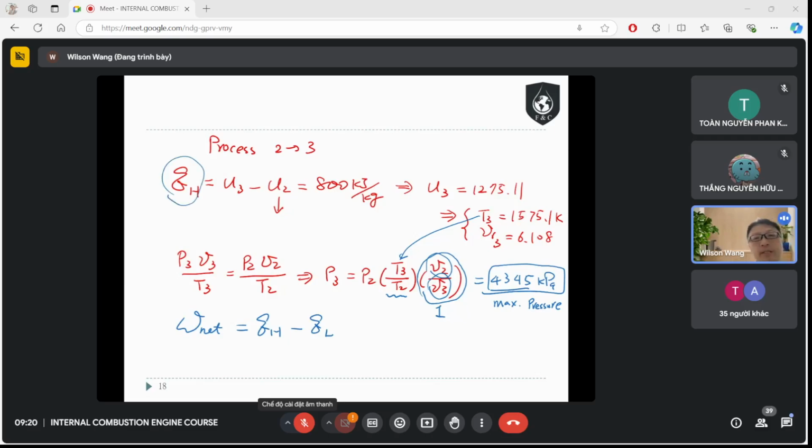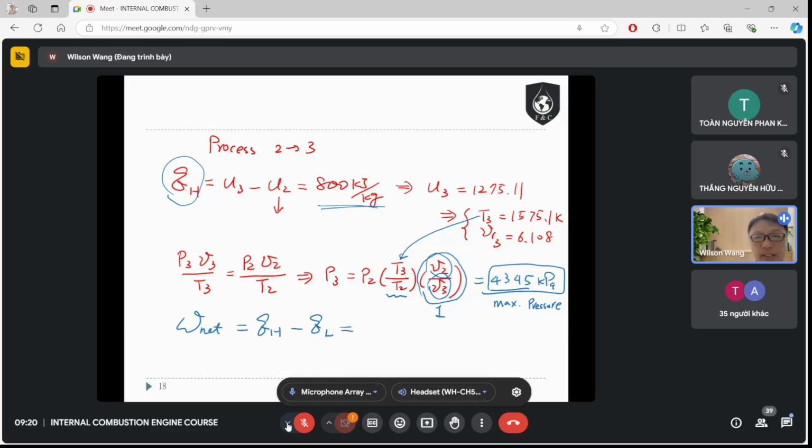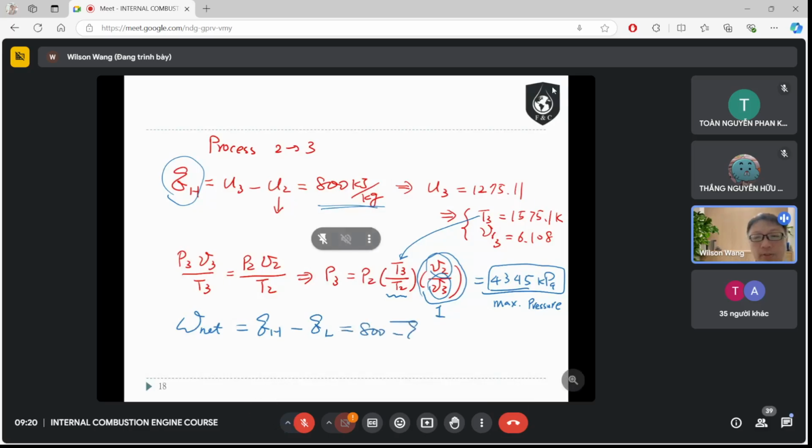QH is right here, already known. So that is 800 minus QL, right? And we know the QL is U4 minus U1.